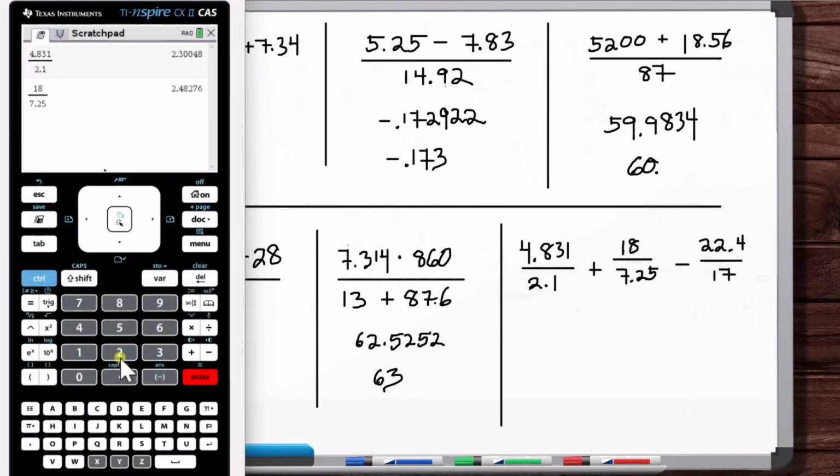Okay, now minus 22.4. Well, let's just do this. 22.4 divided by 17. So then we say this plus this. And you see how it's keeping all of those digits? That's what we want. We want to get an exact answer, 3.46559.